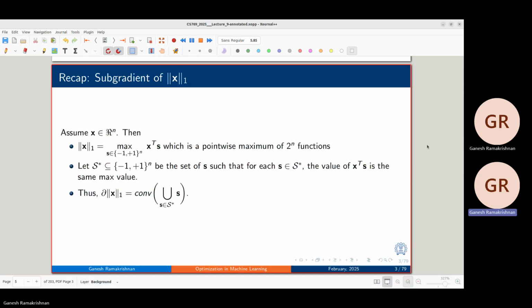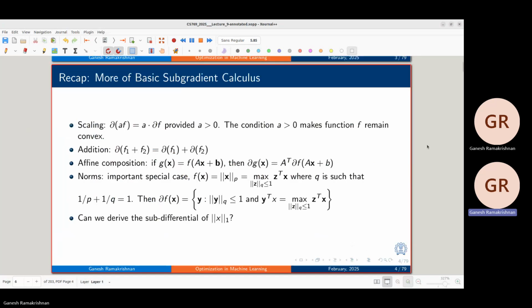Basically, all the s such that the sum of absolute values of the components of x equals the sum of s_i times x_i. Is it clear? I'm just recapping everything that was required to get to this.